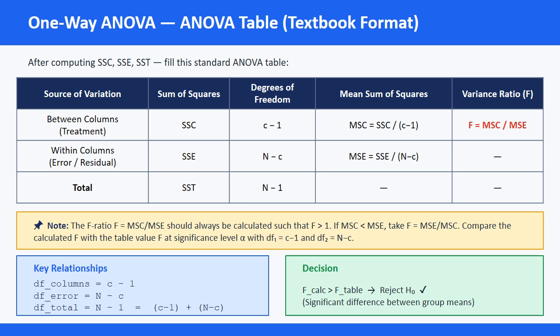Finally, F is equal to MSC divided by MSE or MSE divided by MSC, because we have to ensure that F is always greater than 1. If not, we take the reciprocal as MSE divided by MSC. Now we have to compare the F calculated with the F table.